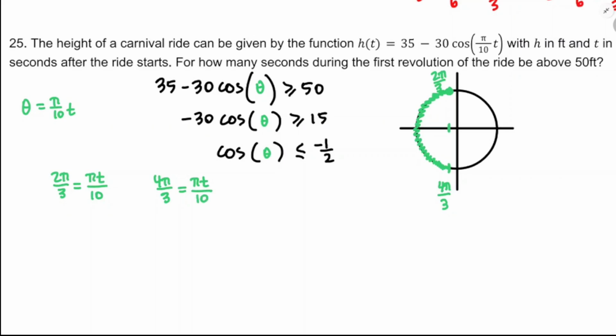So we'll start by multiplying both sides by 10. So let's divide both sides by pi, and I'll get t is 20/3 and t is 40/3. So if they're asking how many seconds during the first revolution will the ride be above 50 feet, we're going to say, well, the amount of time is going to be 40 over 3 minus 20 over 3 equals 20 over 3 seconds.